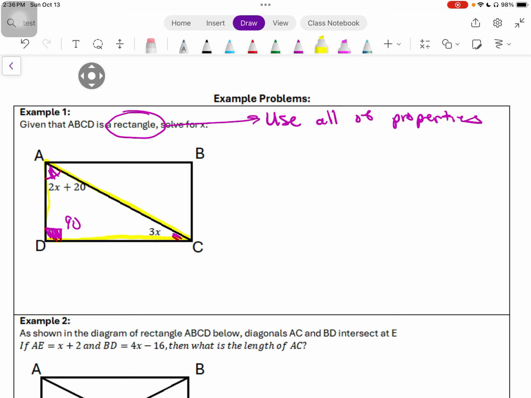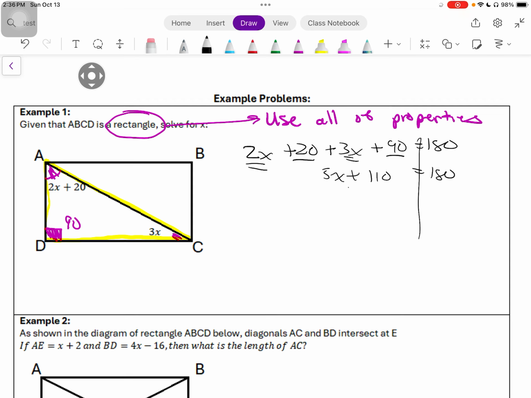We know that in all triangles, the 3 angles must add up to 180 degrees. So we should be able to set up our equation just like we did in the last unit. We put our line down the equal sign, combine our like terms, get 5x, combine 2x and 3x, subtract 110 from both sides, we get 70 equals 5x, and we come away with x equals 14.